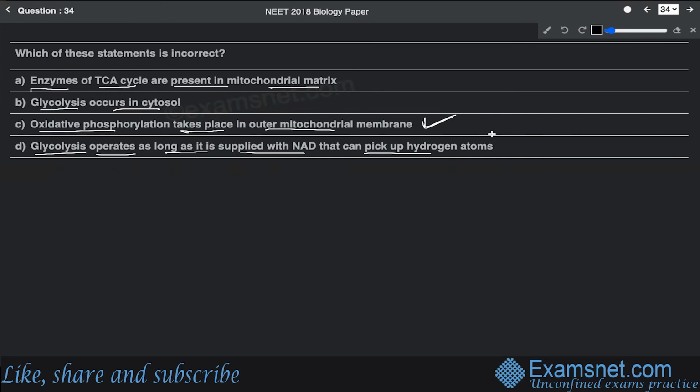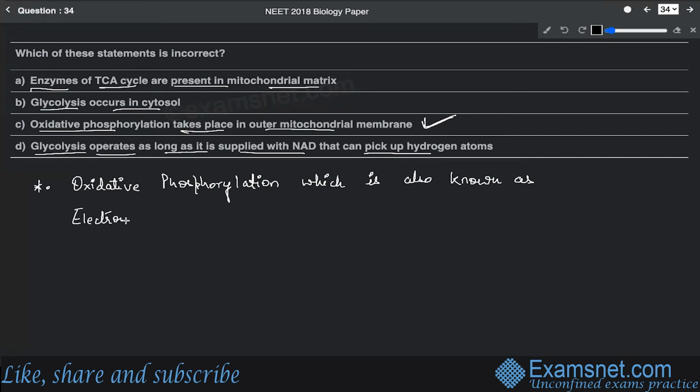All right, now let me tell you that oxidative phosphorylation, which is also known as electron transport chain, shortly termed as ETC, occurs in the inner mitochondrial membrane.